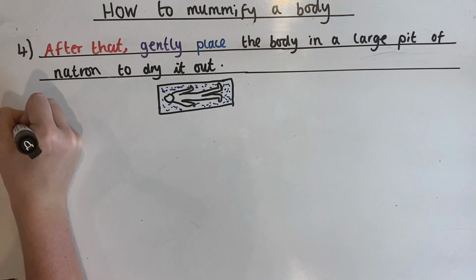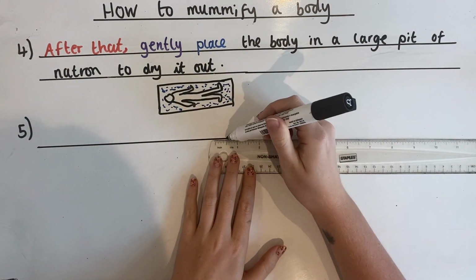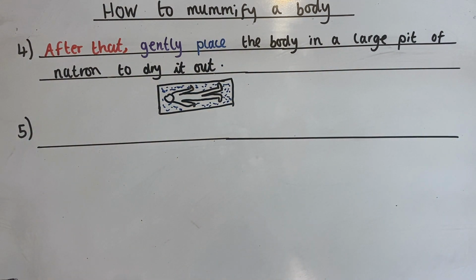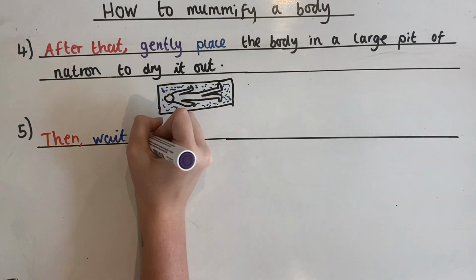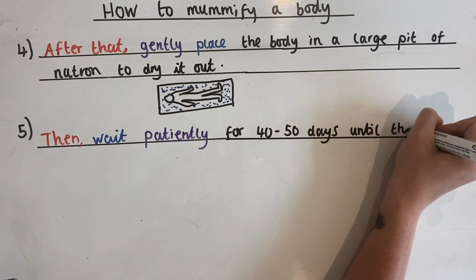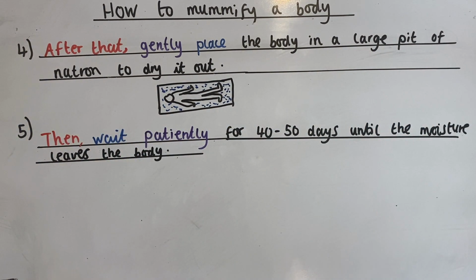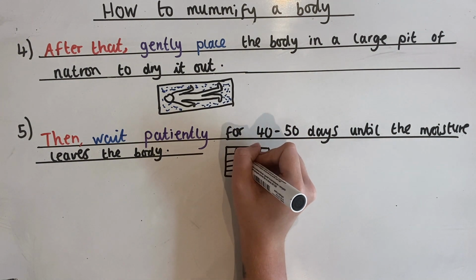Perfect. Now moving on to step number 5. Can you think of another time connective we could use? I'm going to start with then. Then, wait patiently for 40 to 50 days until the moisture leaves the body. Oh boy, it takes a long time to make a mummy, right?